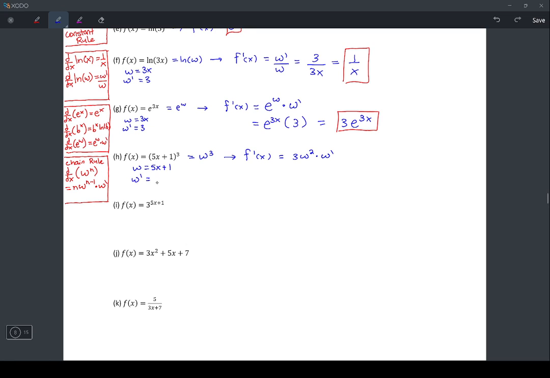We need the derivative of 5x plus 1. We get 5 plus 0, which is 5. And I'm going to plug everything in. W is 5x plus 1, all squared, times 5. And then we can simplify, multiply the 3 and the 5 together, 15 times 5x plus 1 all squared.